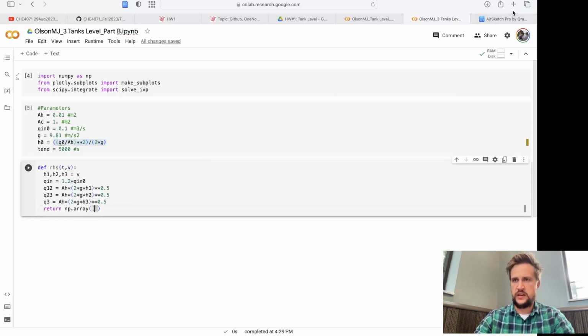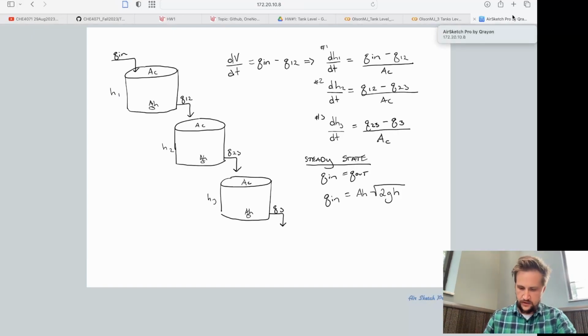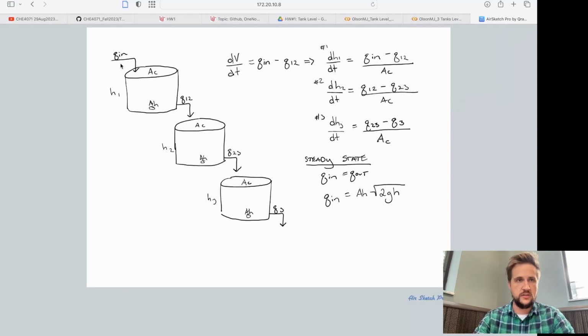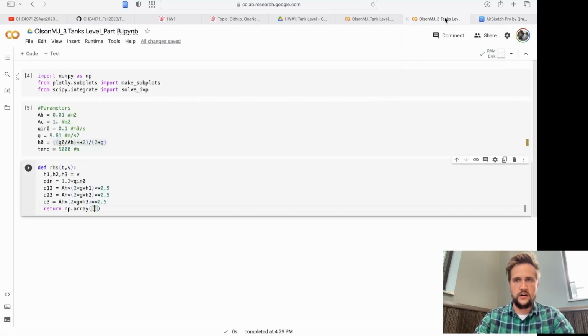We showed how each tank is changing with respect to time. Here is Q in minus Q out, what's coming in minus what's coming out of the tank, all divided by the cross-sectional area of the tank. We can say that for each of these now. This is what we want to kick back out as our array of values from our function here.